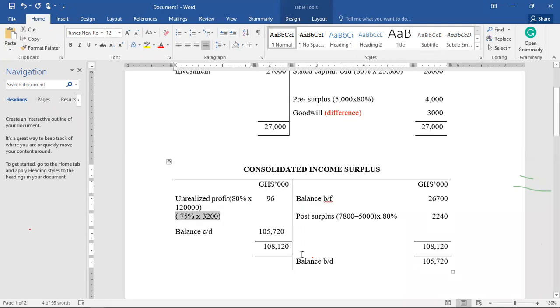Then goodwill is fully written off. So goodwill of 3,000 will be written off. So balance of the account.